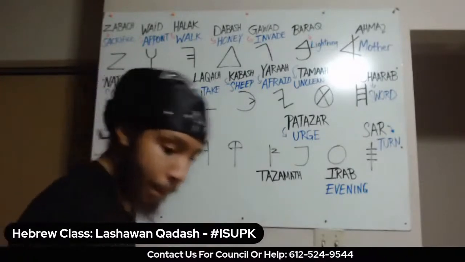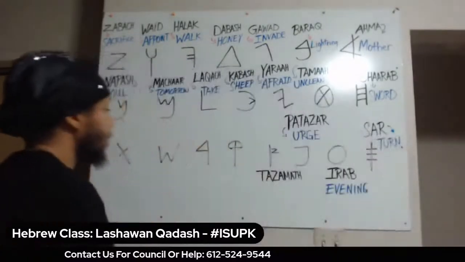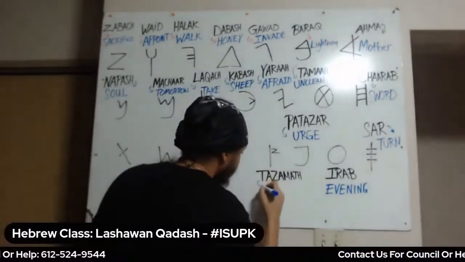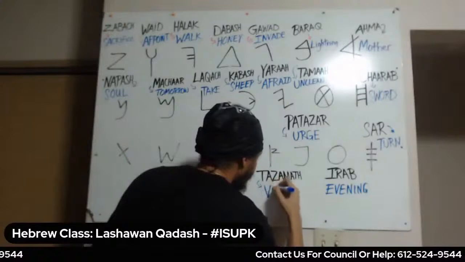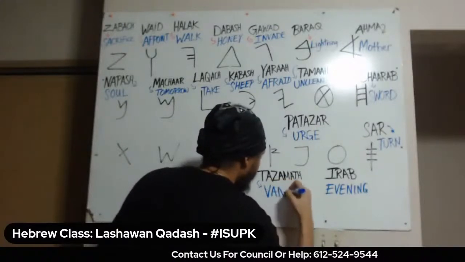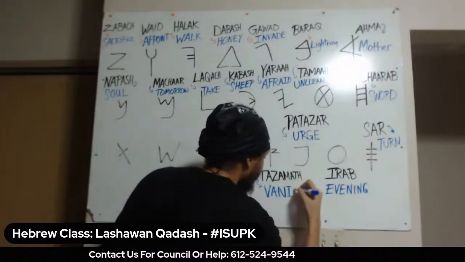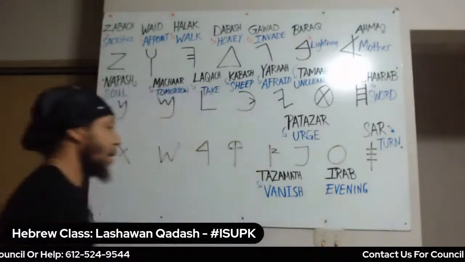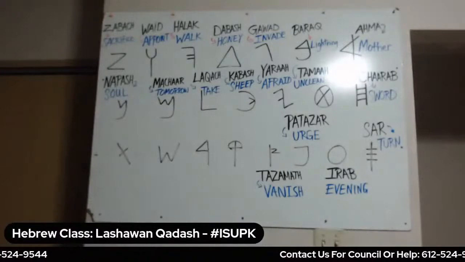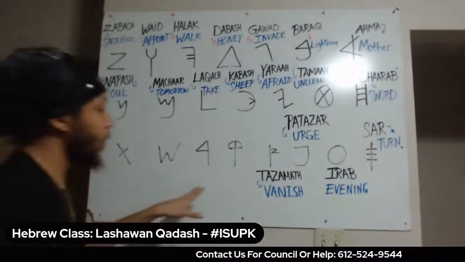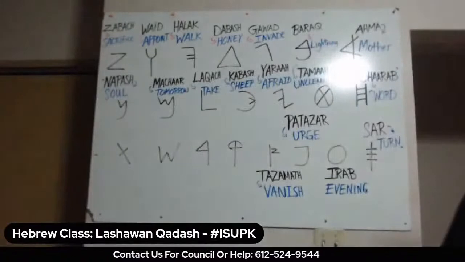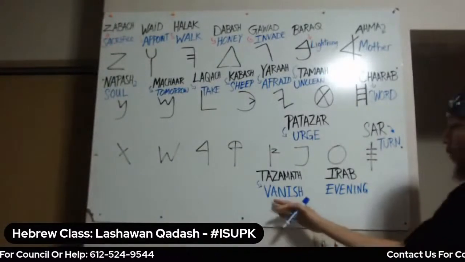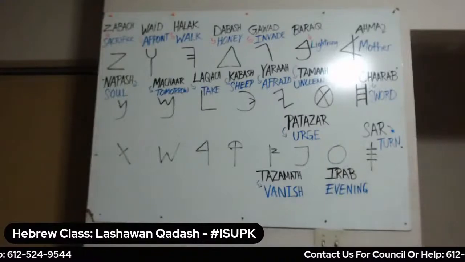Okay? Tazamah is the Hebrew word. What does that mean in the English? As a definition, it means vanish. And by the way, a lot of these are just off the dome. A lot of these words are just random words, just to give you an idea. Okay? So tazamah, vanish. Okay?